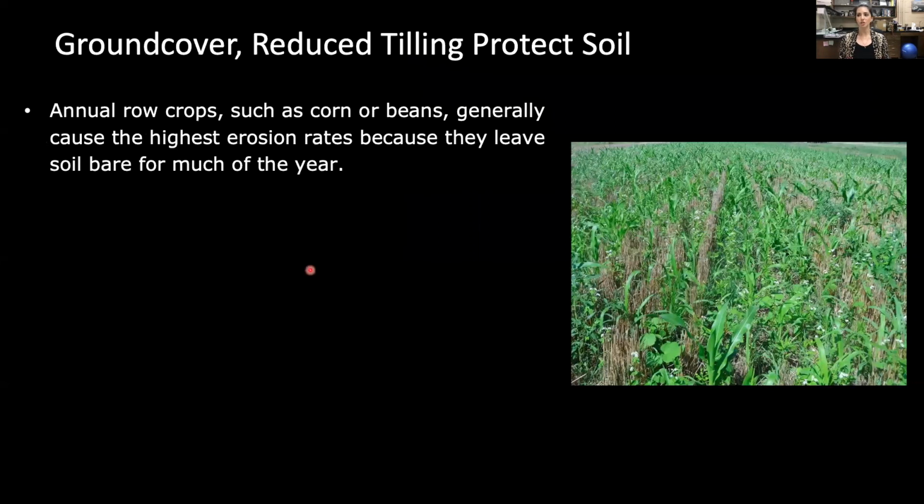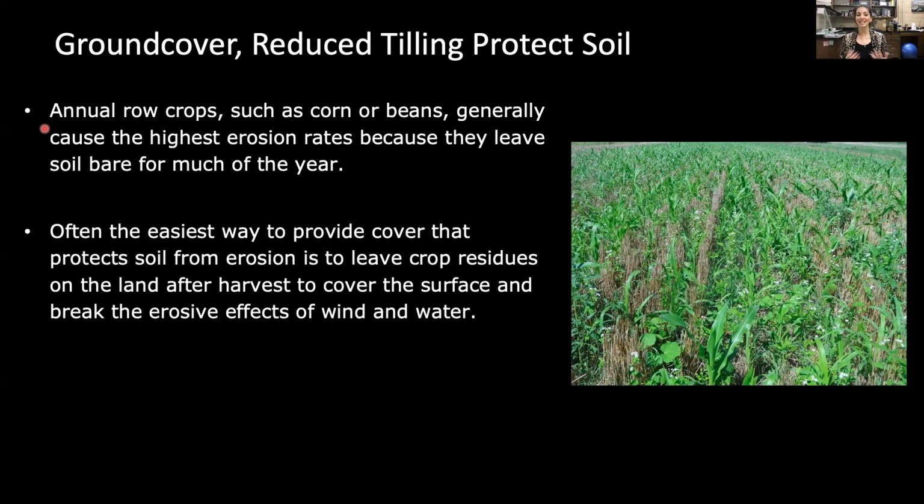Another thing that we could do is increase the amount of ground cover and reduce the tilling that we do in order to protect our soils. Annual row crops like beans or corn generally cause the highest erosion rates because they leave the soil bare for much of the year.